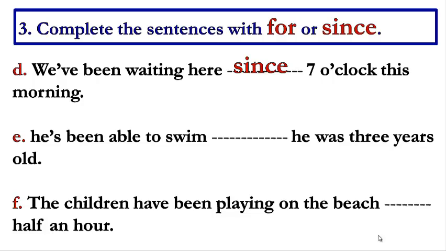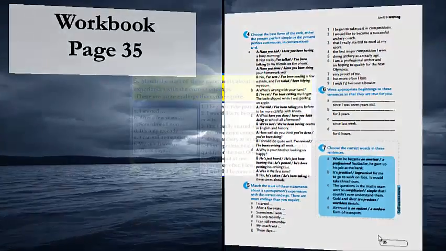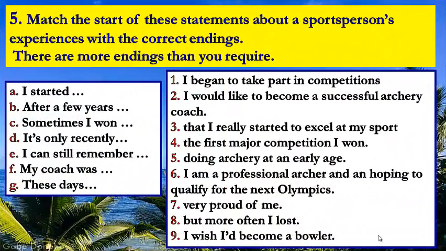He has been able to swim since he was 3 years old. The children have been playing on the beach for half an hour. So, open your workbook page 35. Exercise number 5. Match the start of these statements about a sports person's experiences with the correct endings.